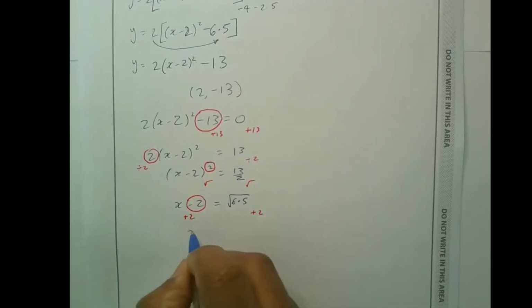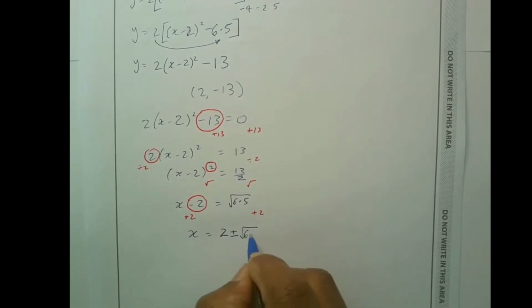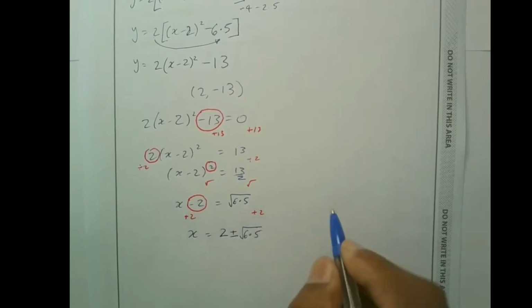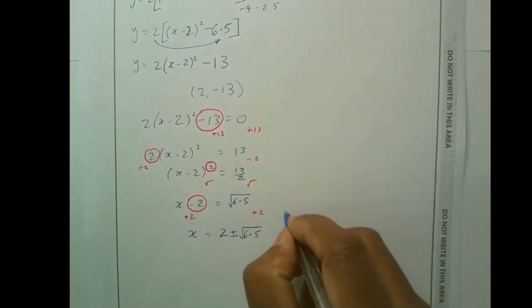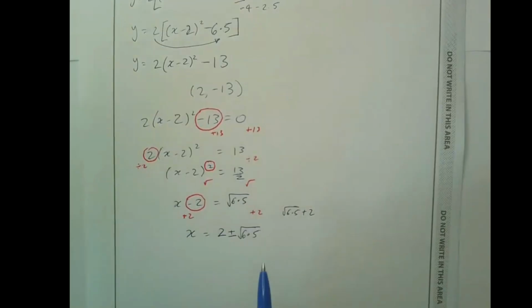So this now becomes x equals 2 plus or minus the square root of 6.5. I've rewritten it as 2 plus or minus the square root of 6.5. So remember, there's 2 possibilities when you square root it.